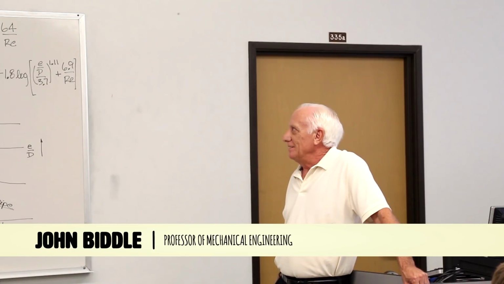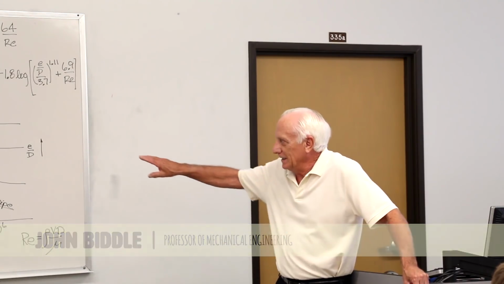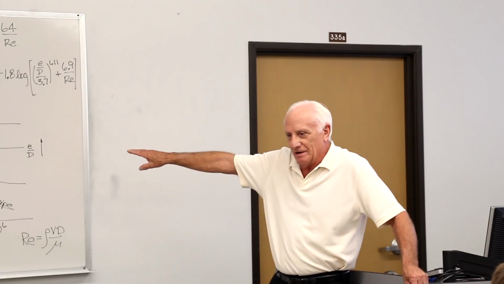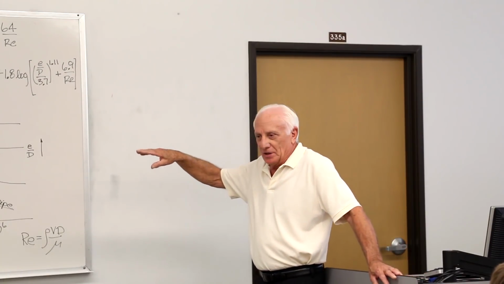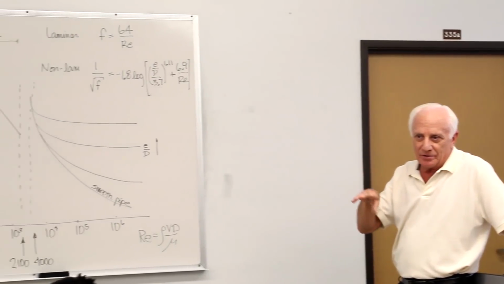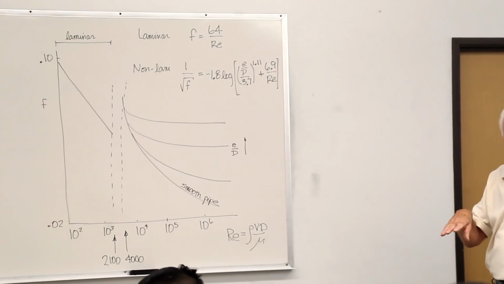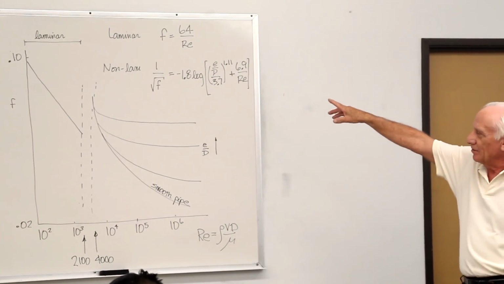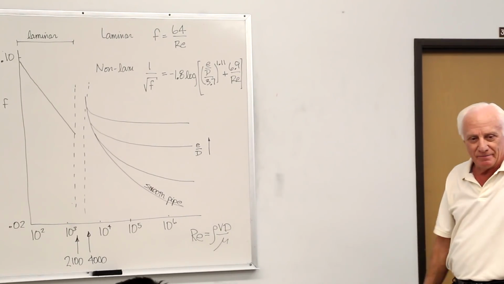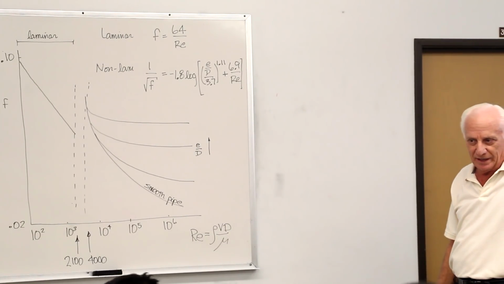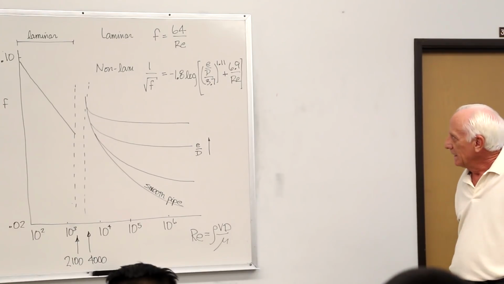Okay, there's two ways we talked about them both. Graphically, we have the Moody chart. If you're in the laminar range, I wouldn't even bother to use the Moody chart because it's very simple to calculate F. It's 64 divided by the Reynolds number in the laminar range, less than 2100.